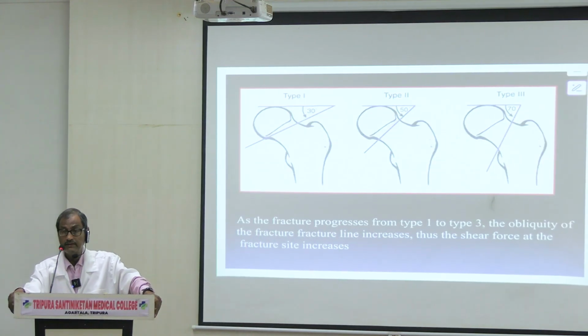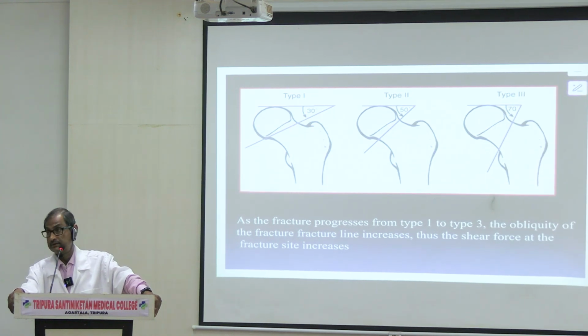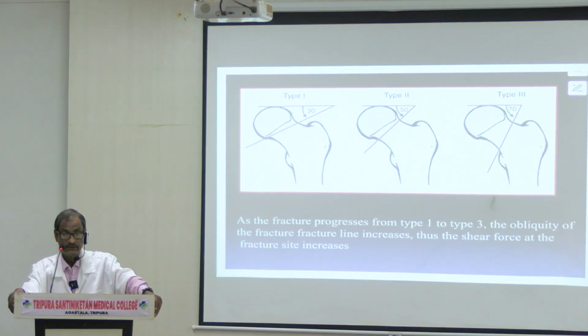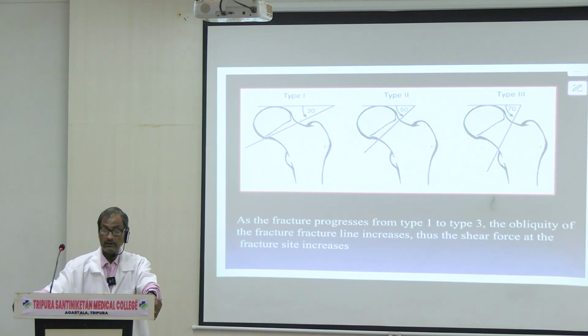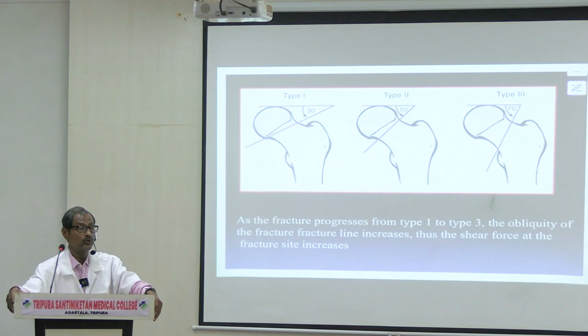The third factor is infection. If there is infection, bone will not unite. The fourth is nutrition of the patient. If the patient is malnourished, union will be delayed. In the femoral neck, it is delayed because all the sets of vessels are gone, so non-union and delayed union are very common.